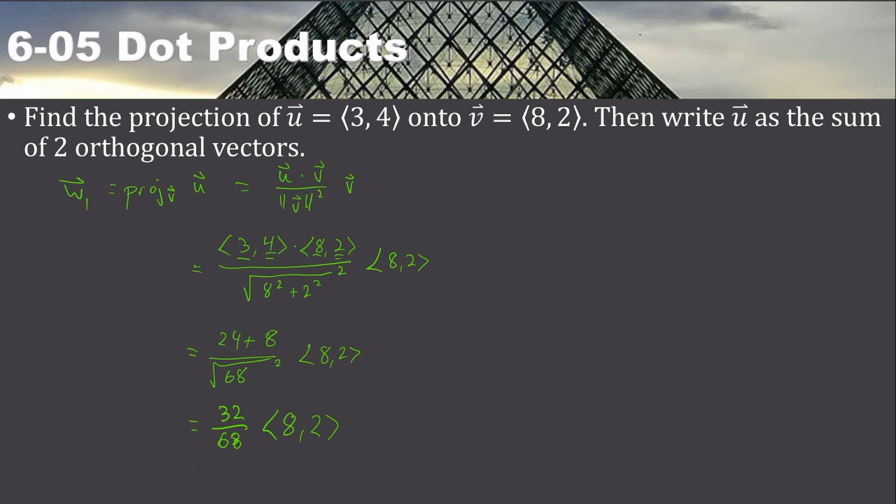Okay, oh, I can reduce those. I can reduce them both by 4. So that would be 8 over 17. Okay, so multiply, distribute that. We have 64 seventeenths and 16 seventeenths. So that is the projection.